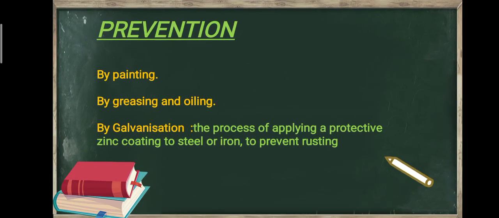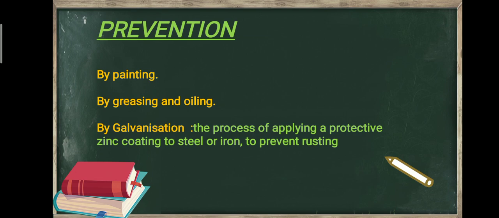Now, how to prevent corrosion? What are the different methods of prevention of corrosion? First, we can prevent corrosion or rusting by simply painting the iron articles. Second, we can use greasing or oiling. The third is a chemical process known as galvanization.